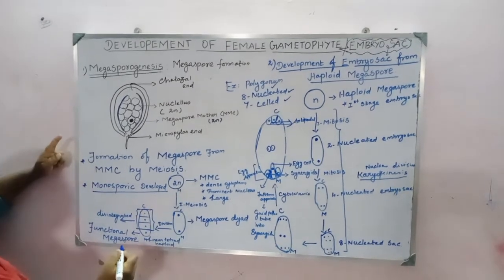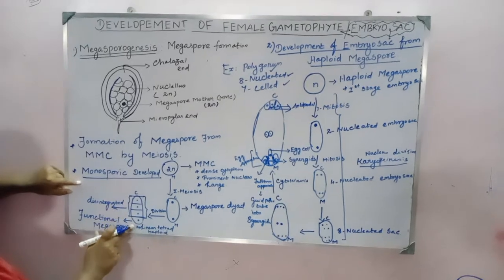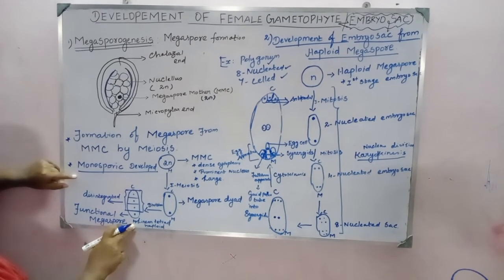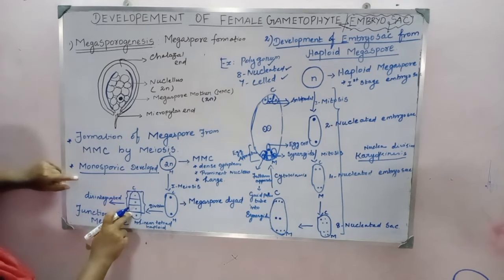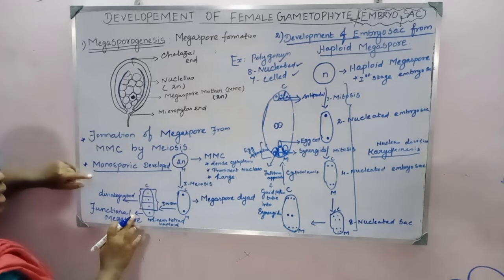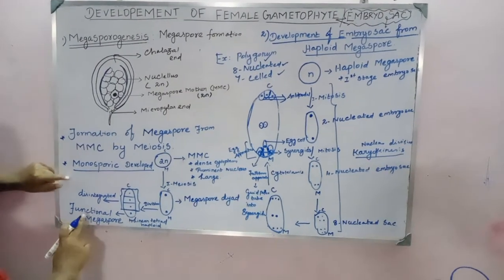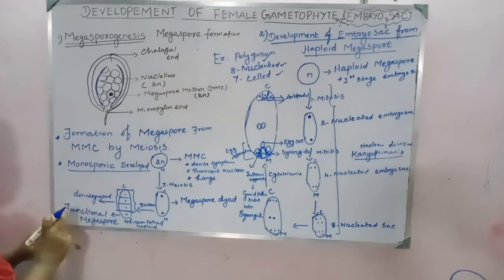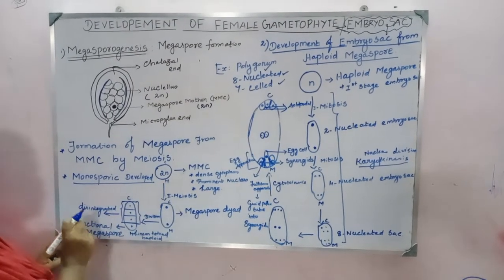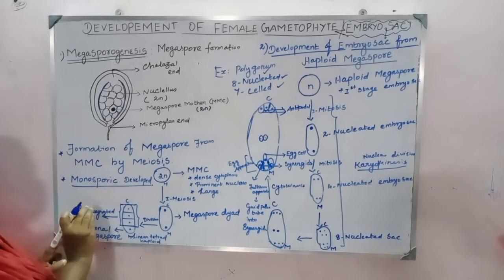Because during megasporogenesis, in the linear tetrad, three of the megaspores disintegrate and one becomes functional. One means mono. Only one megaspore becomes the functional megaspore. From this functional megaspore, the embryo sac develops. So it is called monosporic development.